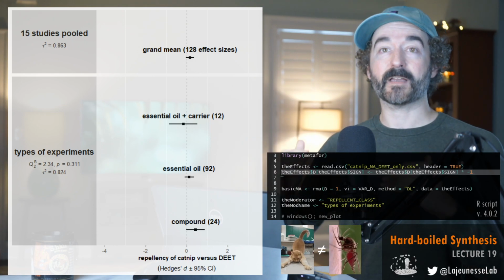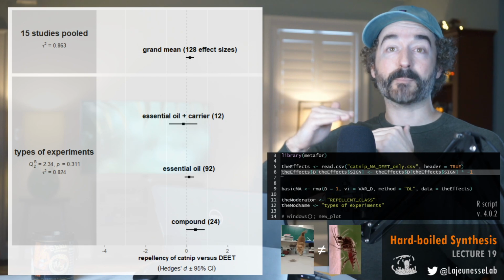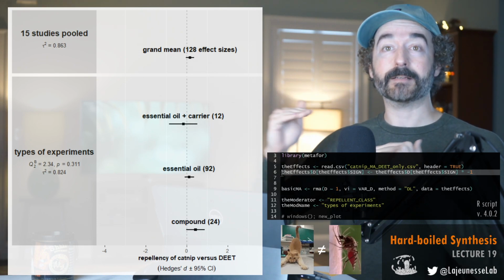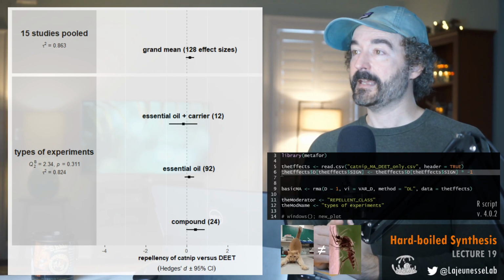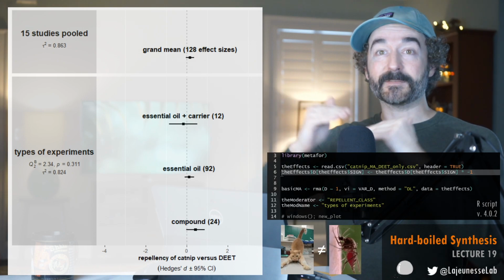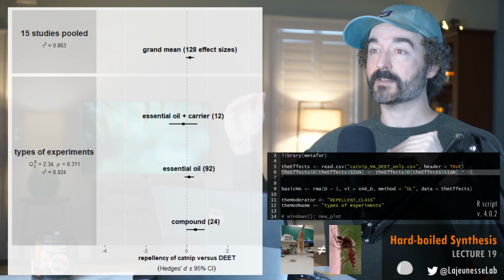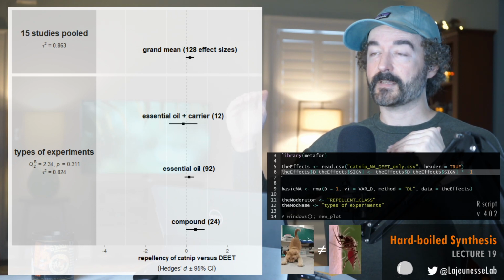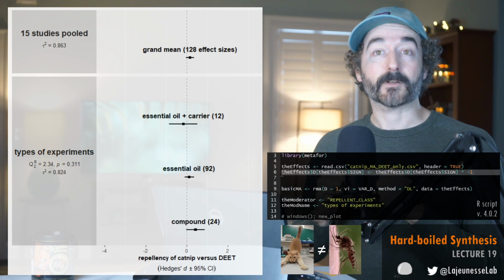And then below that, you're going to see those effect sizes being parsed or grouped under different categories, with the goal to determine whether or not, by splitting the data into these different categories, these groupings differ.